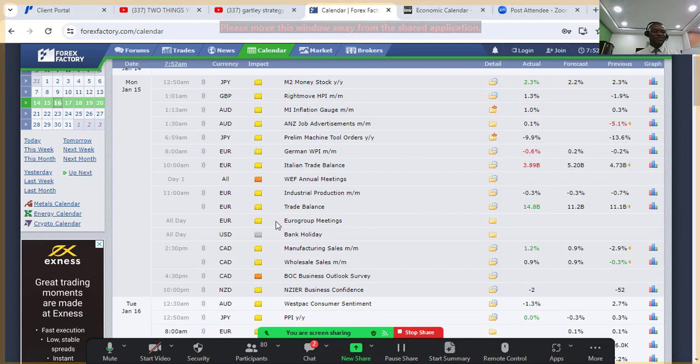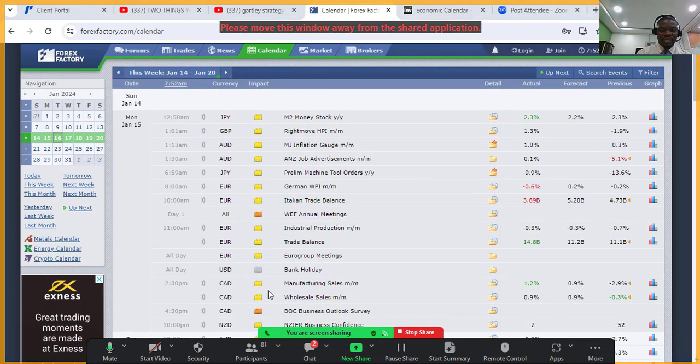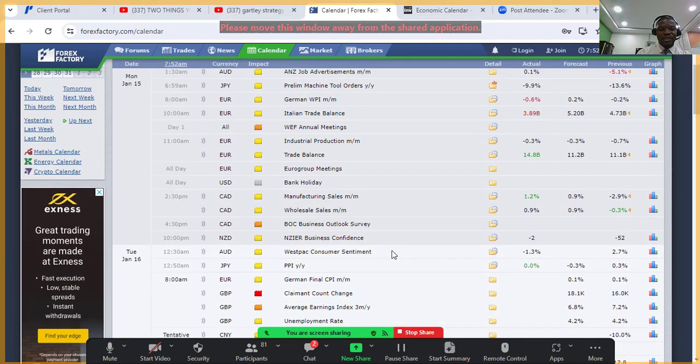The market can move in any direction, and we don't care about the direction. We just need volatility, we just need movement. If the market moves upward, the bulls will have it. If the market moves downward, the bears will have it. And guess what? You can be either a bull or a bear at any point in time. So there is no red impact news here for Monday, and Monday has passed.